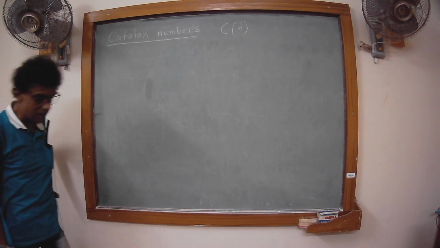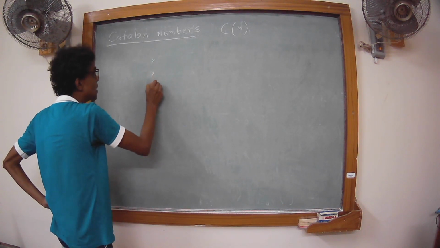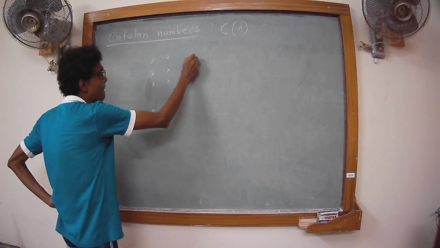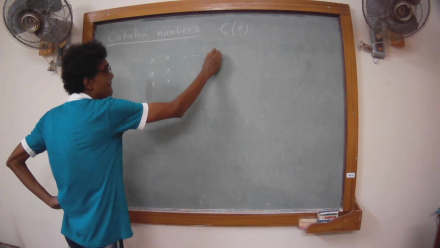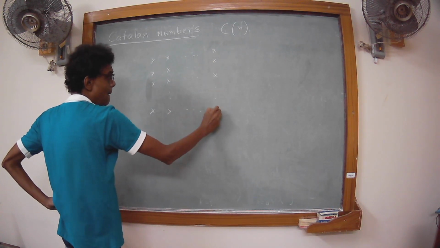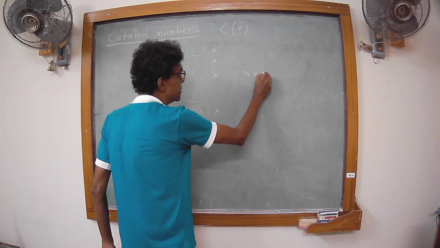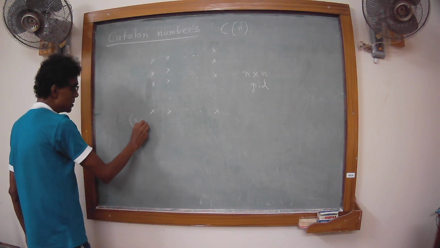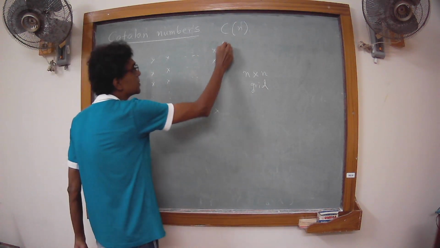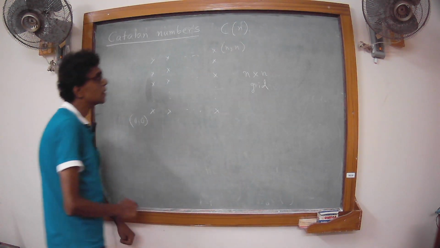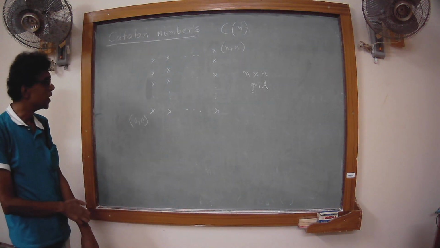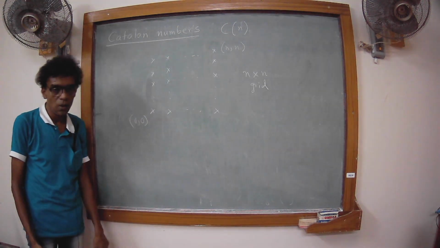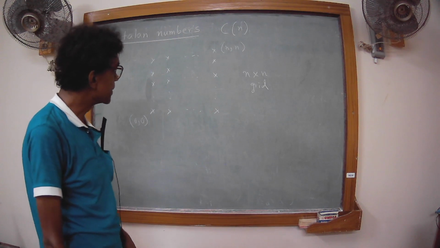Okay. Suppose that you have something like an n by n grid. So you are starting from here, the 0, 0th point, and your task is to reach the top right corner, n comma n. From the bottom left corner, you want to go to n comma n.